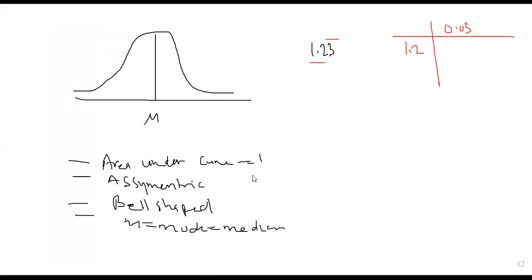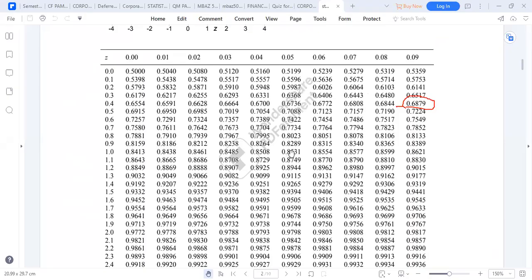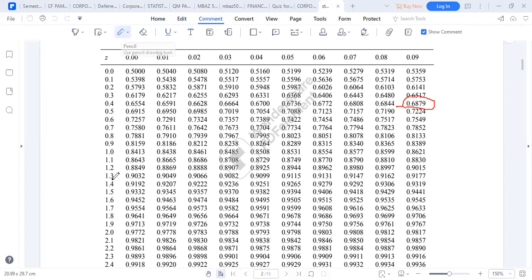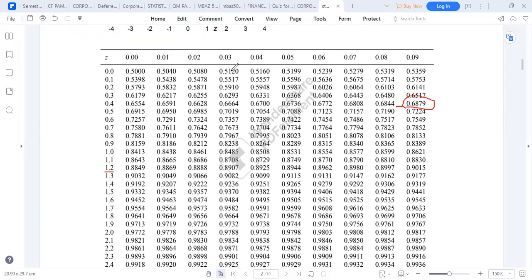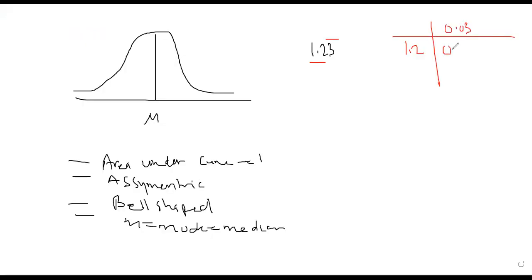So let's read. Give me the reading for 1.23. 1.2 and 0.03. Where do they meet? 0.8907.